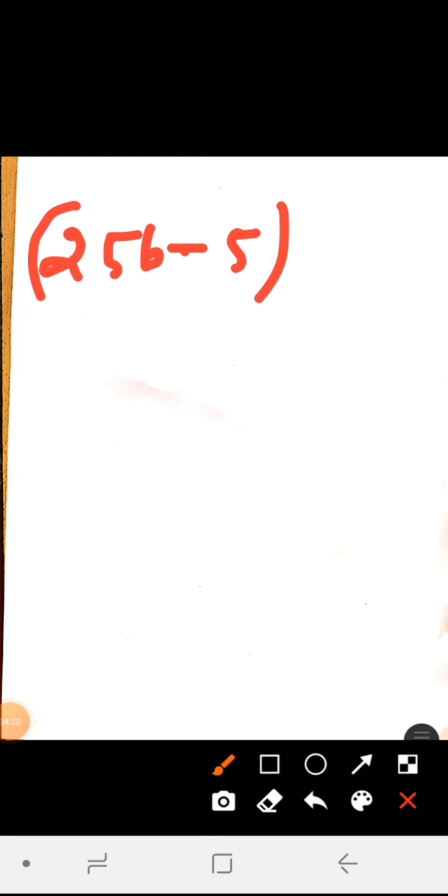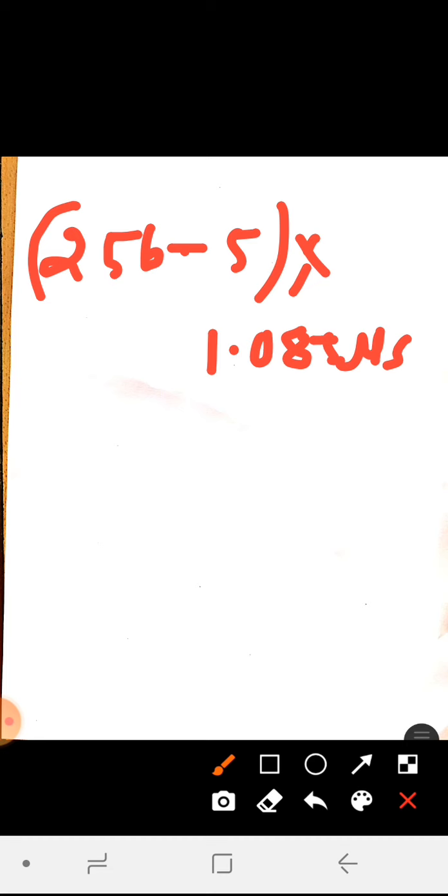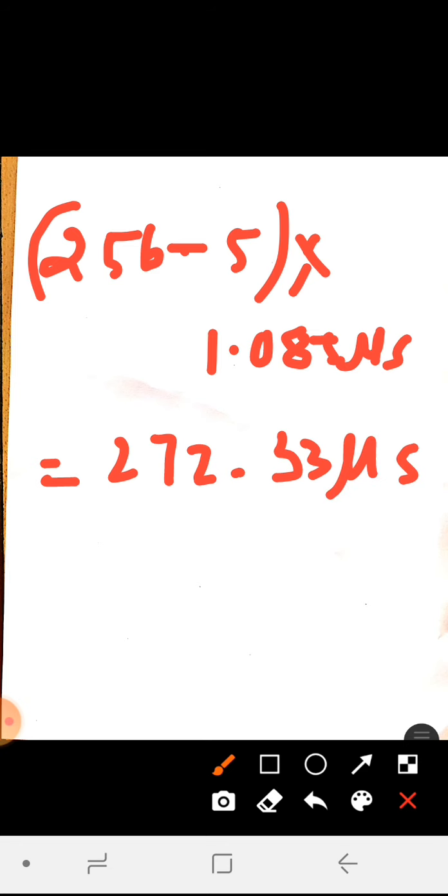Now you can see the content which was loaded into TH. It was 5. The maximum is 256, so (256 - 5) × 1.085 microsecond, which gets us 272.33 microsecond, which is for the high portion, or you can say it is for only one portion.